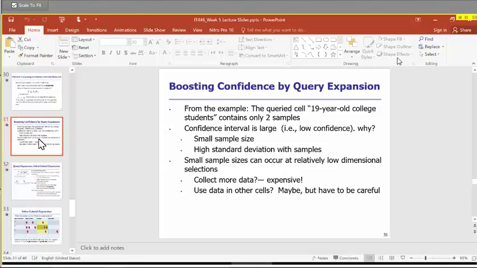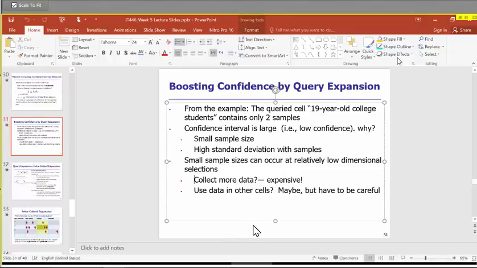So the small sample sizes can occur at relatively low dimensional selections. So we can have 2 options now. Either we collect more data, which in some cases might be expensive, or in some cases it might not be feasible at all.